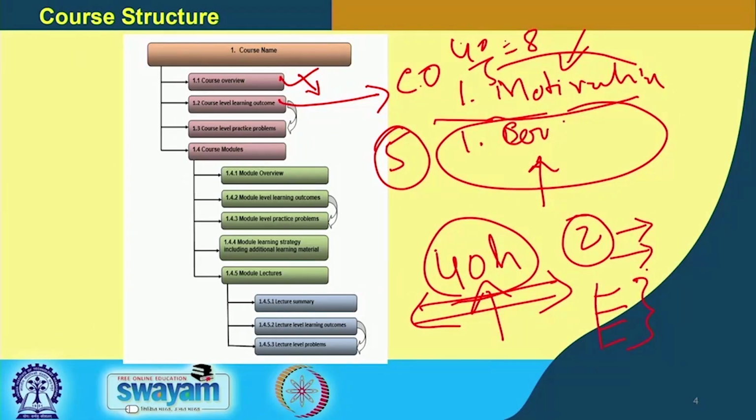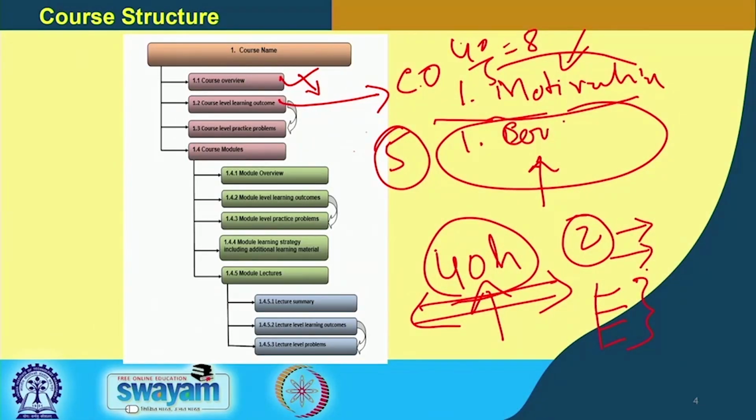When you say course outcome, think about what major skills have to be developed for this course, and for each skill, the average duration is a number of lectures out of the 40 hours. If I say define the laws of thermodynamics, how many lectures are required? Maybe 1 or 2 lectures are sufficient, then it cannot be a course outcome. Okay? I will come back to this when I explain that software.